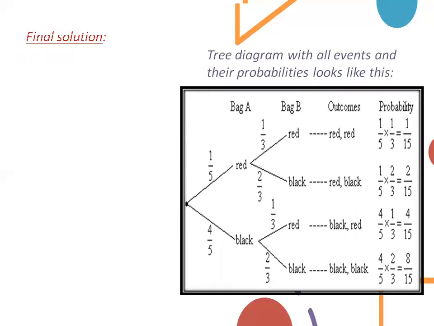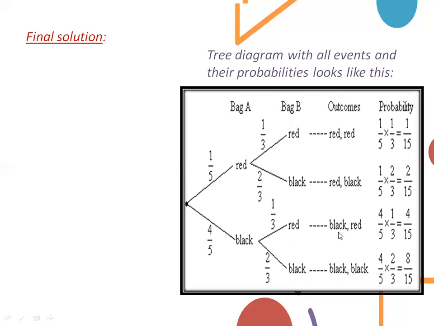So then, moving forward, the tree diagram with all events and their probabilities will look like this. I'm sure by now you can understand how I'm calculating the probability value of getting 2 red balls, right? I'm moving to this branch and this branch, red and red, and we are multiplying these two values and getting 2 by 15, right?